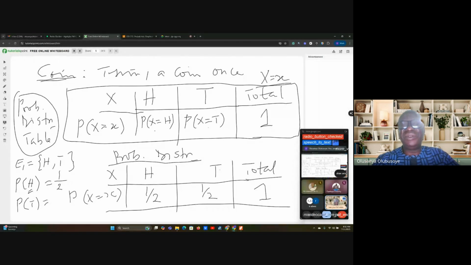The likelihood of tail appearing is 50%. And the total probability is 1. So in a probability distribution table, you are able to see all the possible outcomes and the corresponding probability value for each outcome in the sample space. That is the point I want to make here.